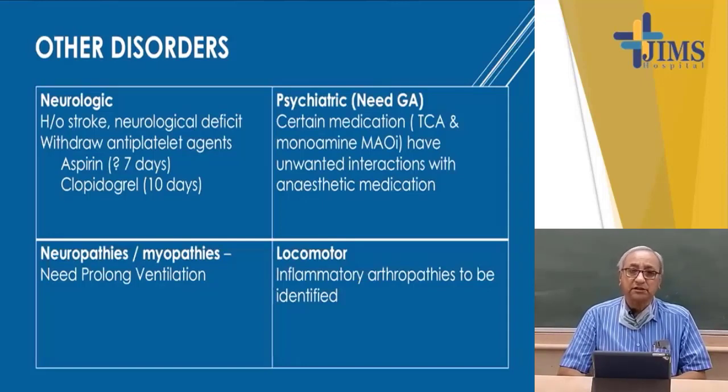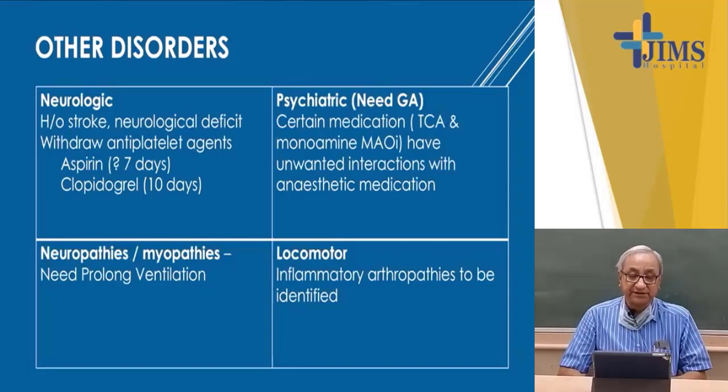Psychiatric cases cannot be given local anesthetic, but have to undergo an operation through general anesthesia. Certain medications they receive, like monoamine oxidase inhibitors or tricyclic antidepressants, should preferably be stopped prior to surgery.